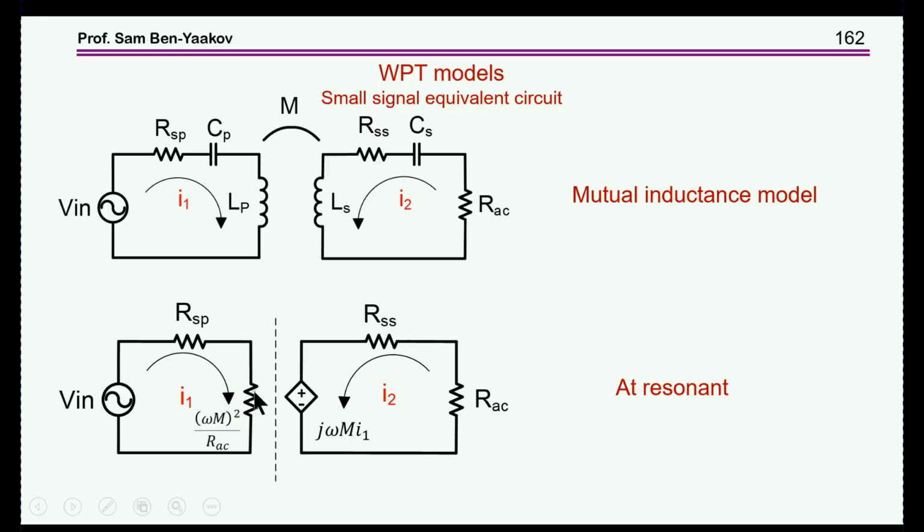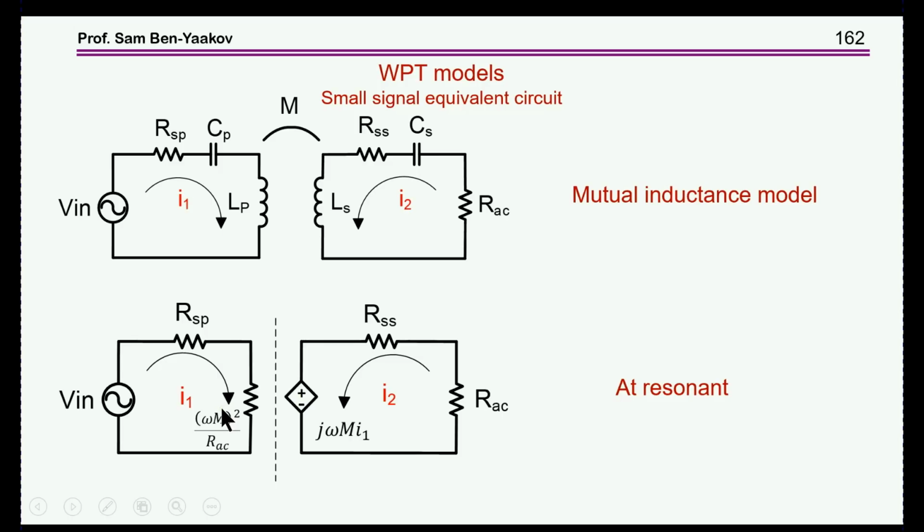So the smaller resistor will give you a high power, but efficiency will be lower because we have resistance of the system, of the wire, of the transmitting antenna. As we know from basic electrical engineering, maximum power is obtained when these two are equal. But then the efficiency is only 50%.